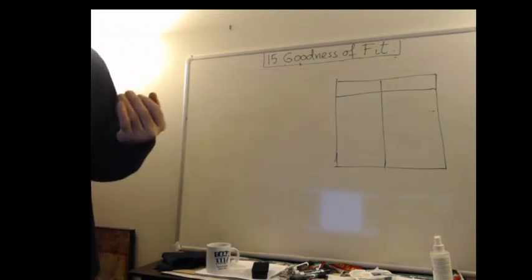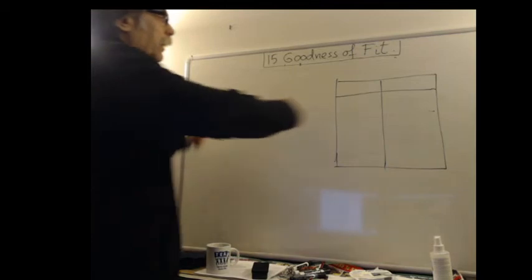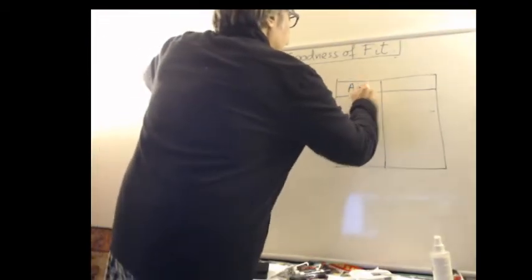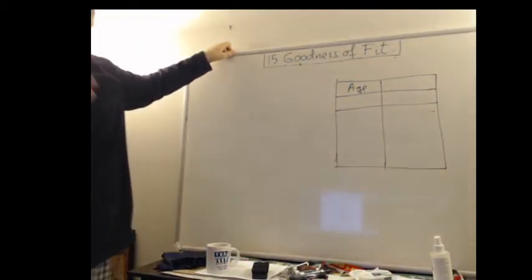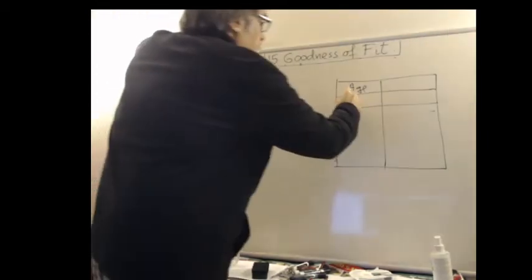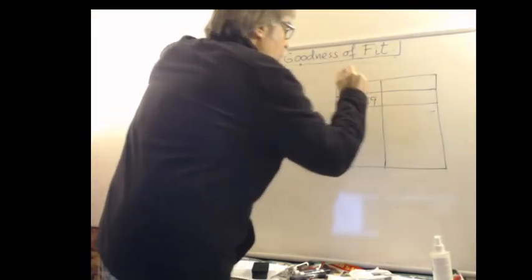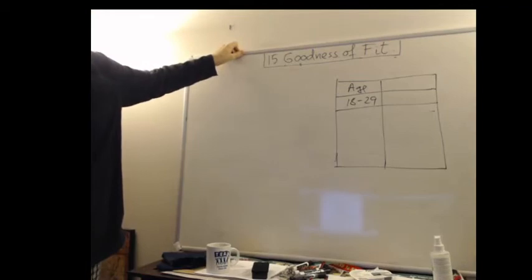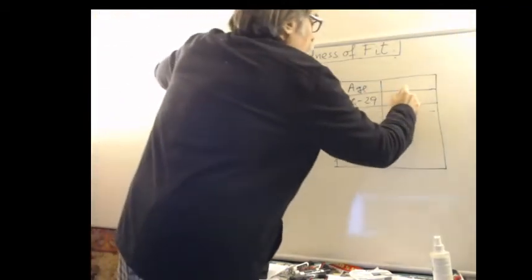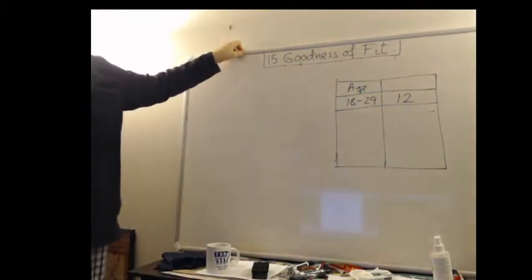So I know that in the age group between 18 to 29, 12% of the voting population is in that age group.